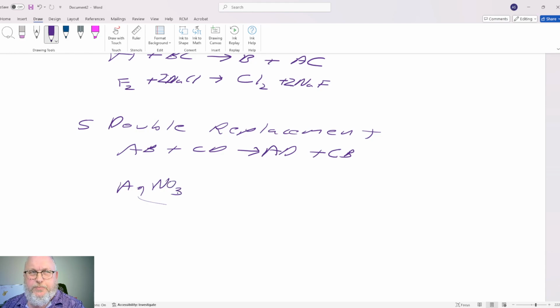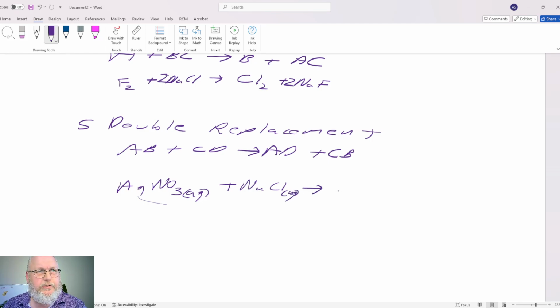All right, and these are precipitation reactions. So that's aqueous. That means those are two ions in water. And I'm going to mix that with sodium chloride, salt water. Again, aqueous. It's in water.